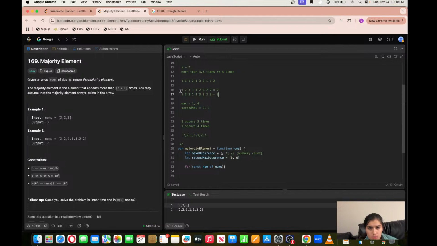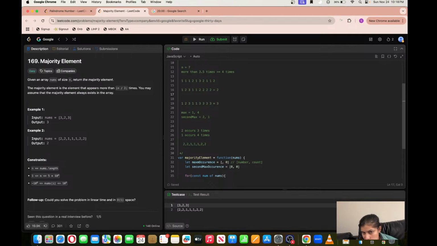But when I'm just looking at this array in the beginning, how will I know what is the count here? I think I should traverse it multiple times. Because if I just look at this one, I cannot just keep track of maximum and second maximum, right?